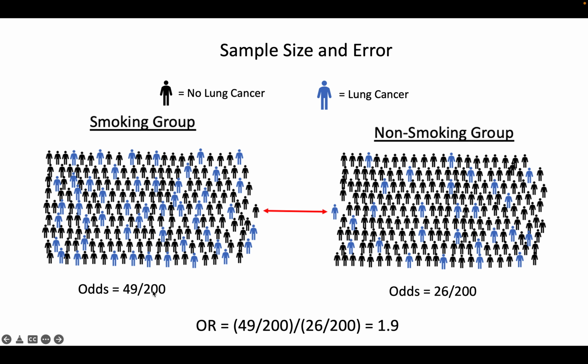Honestly, a sample size of 400 is still pretty small, in some contexts at least. But you can see that by increasing the sample size, it became more resistant to sampling variability, which is a way that I'm using to show random error.